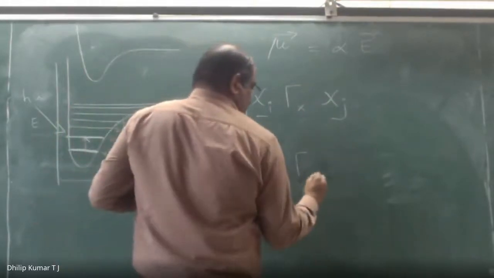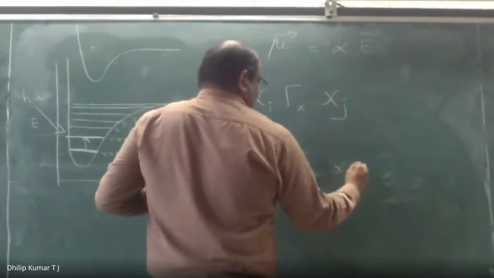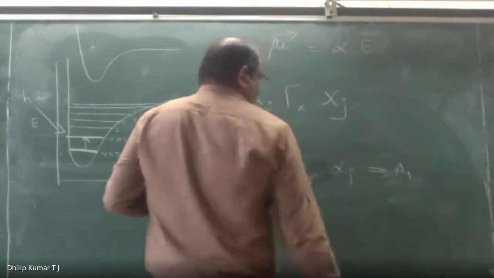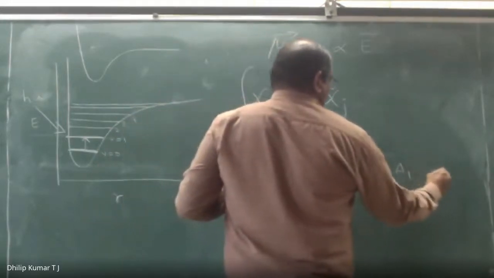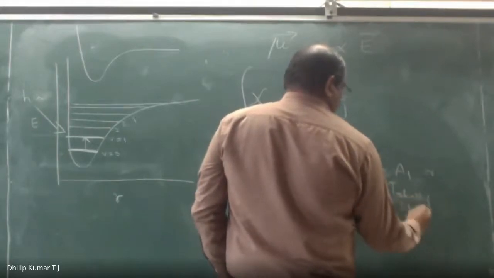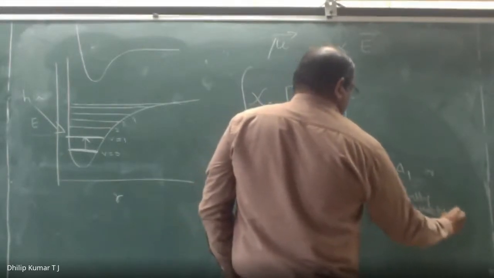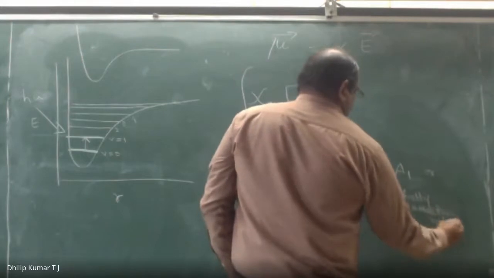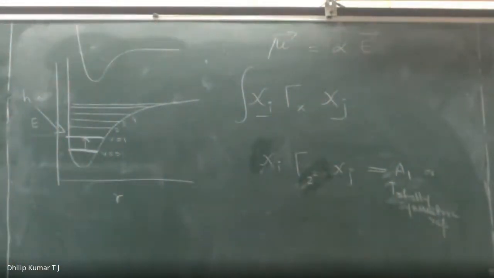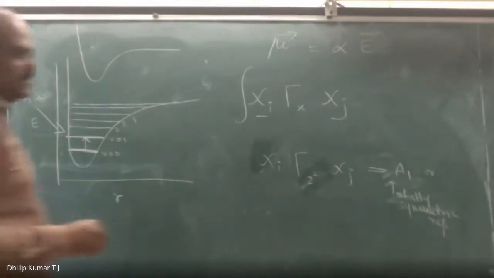This should be equal to A1 or the totally symmetric representation. In water it's A1, but for other molecules it may be an Ag point group or A prime point group. It should be the first irreducible representation in the character table. That is called the totally symmetric representation.